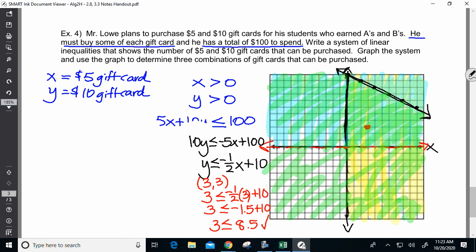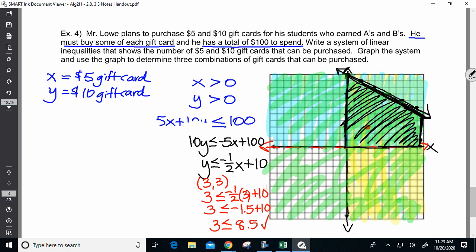So this is what I would do to trace my final answer. Trace it in black. If you can lightly shade it, that's okay too. So everything in there represents my final answer. So I've graphed the system.